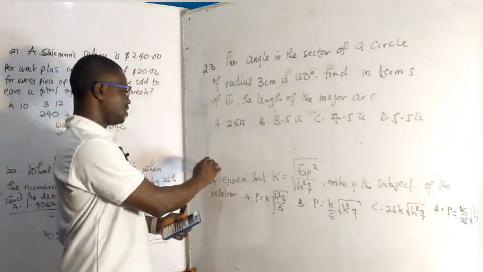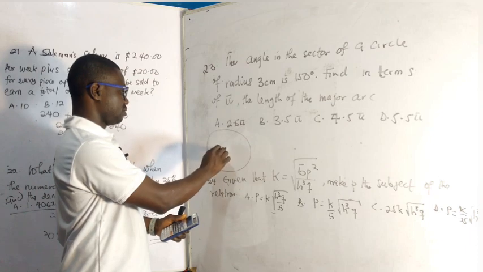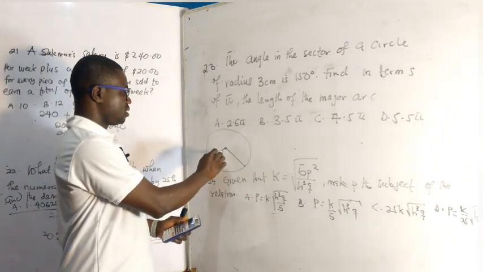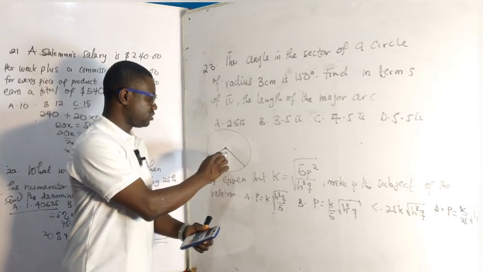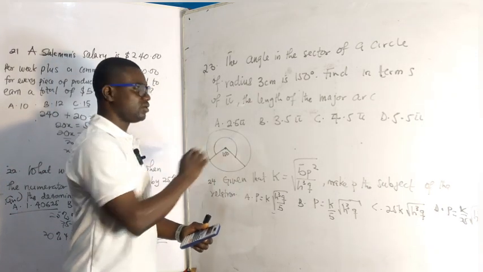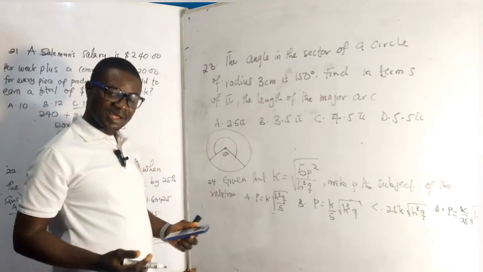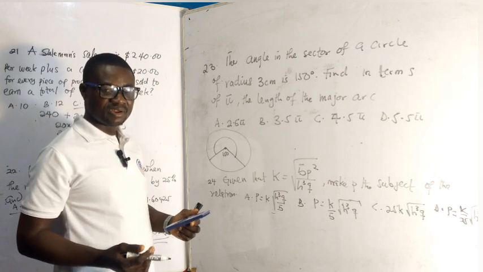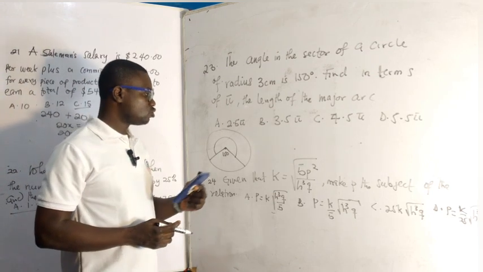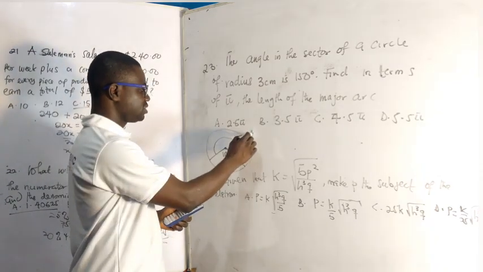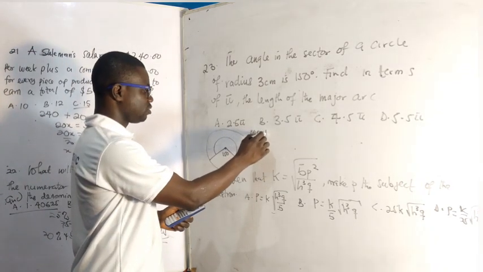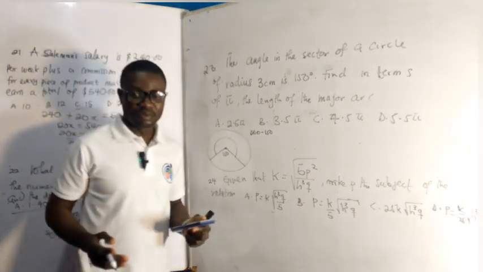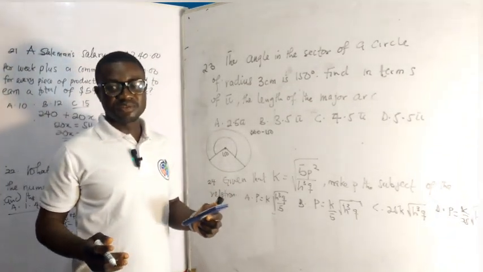When you have this particular circle and the given sector, the angle here is 150. So what will be the angle here? We all know that the total angle of a circle is 360 degrees. So you subtract 360 minus 150.